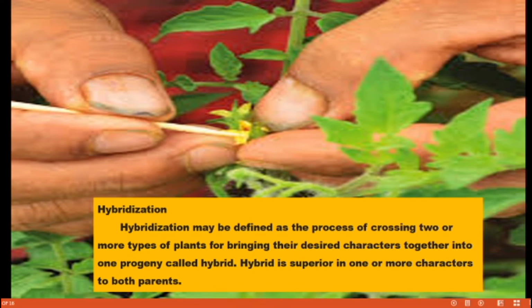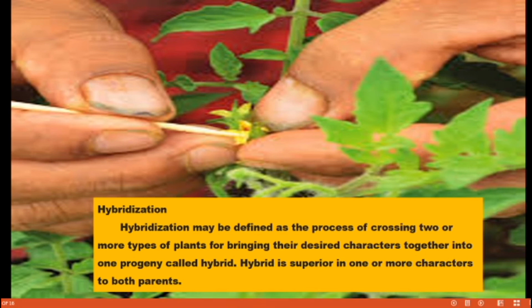The hybrid is superior in one or more characters to both parents. It means wherever cross pollination is carried out, both plants carry the hybrid character. Because when cross pollination happens between a normal plant and a hybrid plant, it may produce a normal plant.